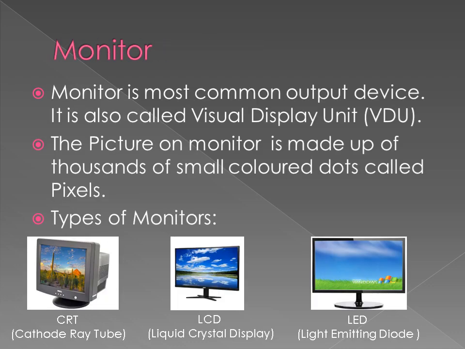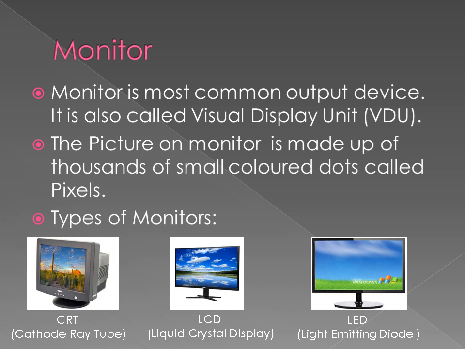Monitor is the first output device. It is basically there to produce the output, and the result will appear on a screen called a monitor. Monitor is the most common output device. It is also called visual display unit.